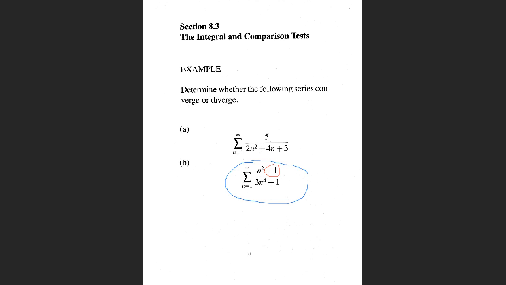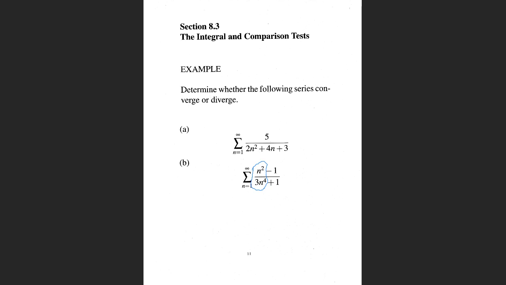No, definitely not. What about the +1 in the denominator? Is that going to affect the denominator much when n is large? No, it certainly will not. So when you look at this series, you can focus your attention on the n squared over 3n to the fourth. I'm talking in an intuitive way.